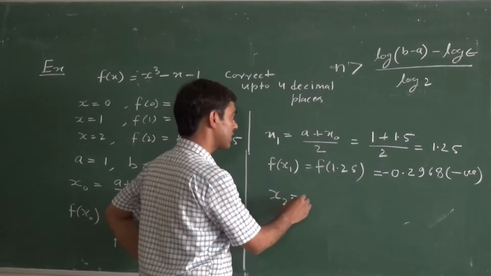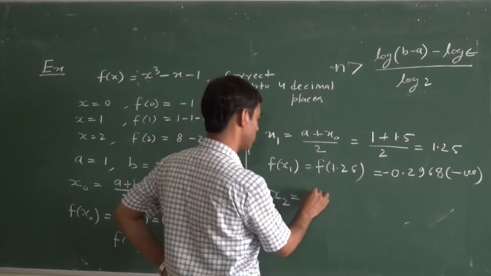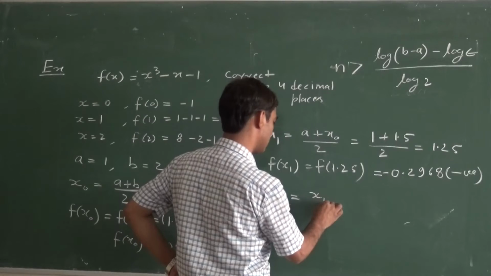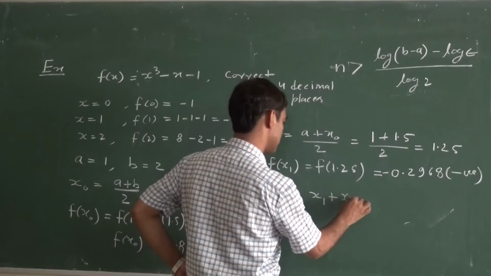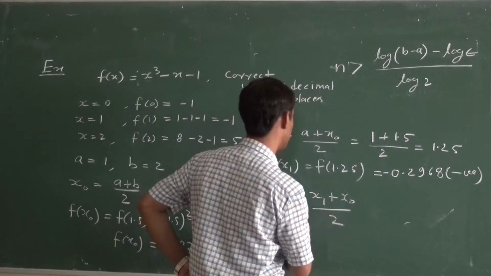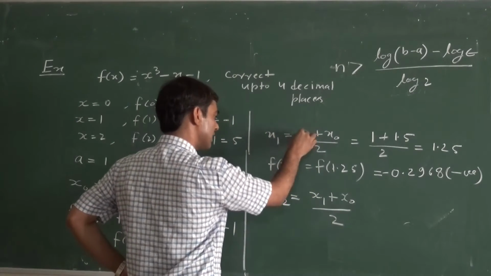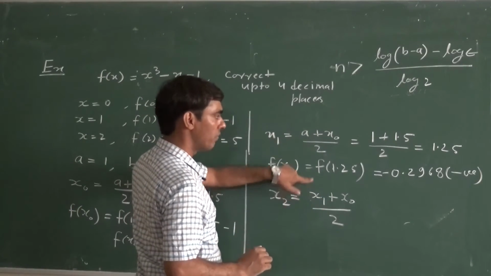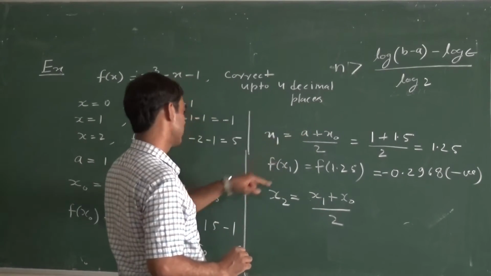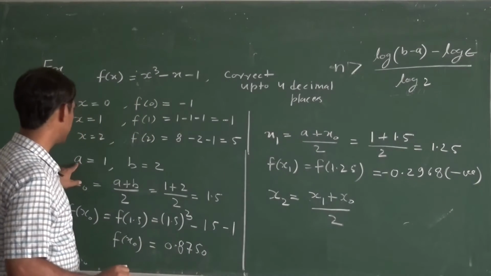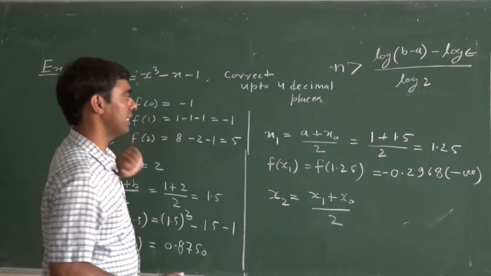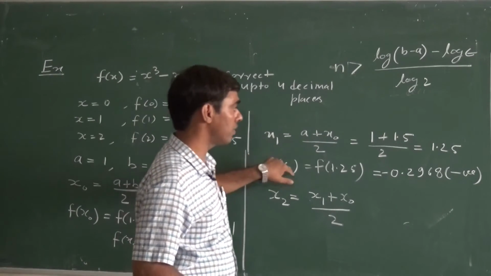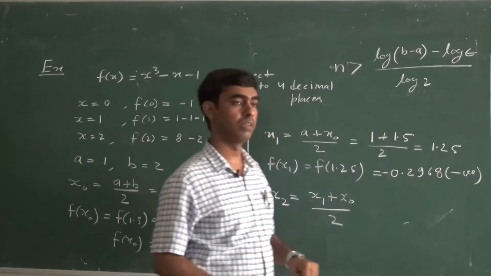So what is the value of x2 here? The value of x2 becomes x1 plus x0 divided by 2, means here we replace a by x1. Why do we replace a by x1? Because at a, the value is negative, and at x1 the value is also negative.